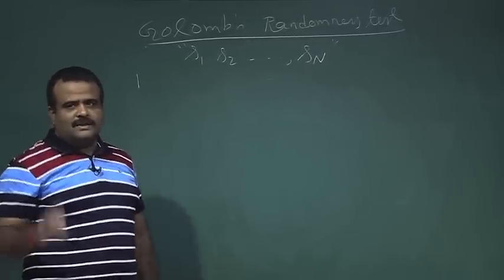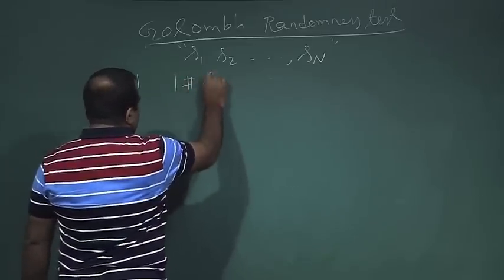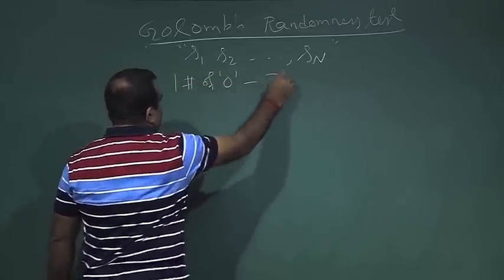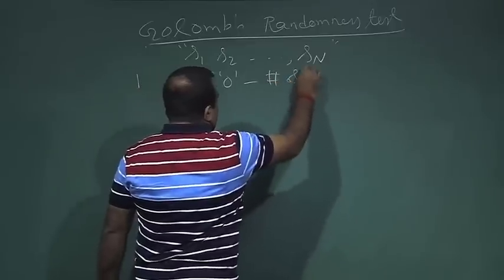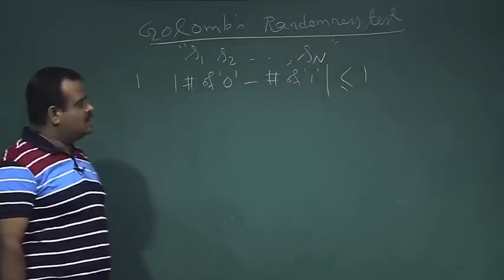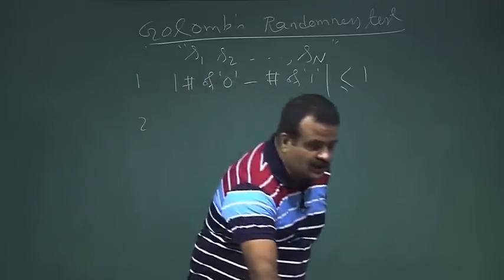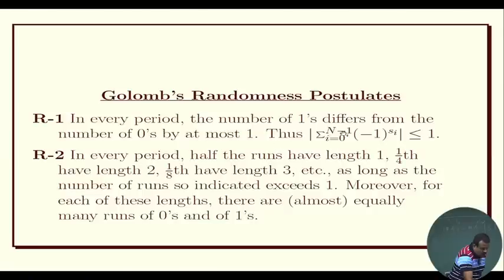If they differ, they will differ by 1. So, the cardinality of zeros minus the cardinality of ones must be less than or equal to 1. That is the first postulate: in every period the number of 1s differs from the number of 0s by at most 1.